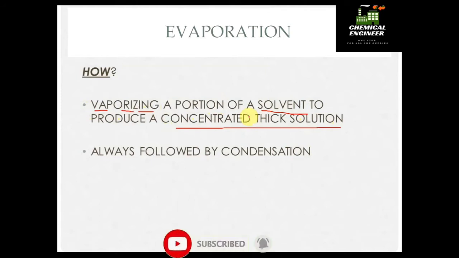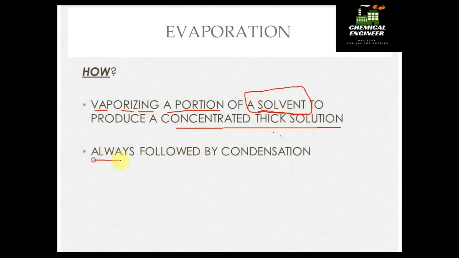So we vaporize some portion of the solvent so that the solution becomes richer in solute, which means it becomes thick. This is how we create a concentrated thick solution by evaporation of a solvent.